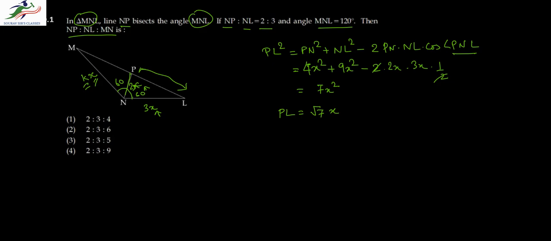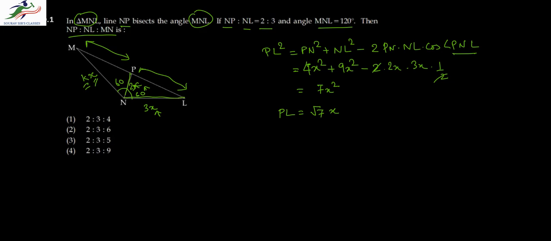Now we move on to find the value of MP. Now we know that the angle bisector always divides the opposite side in the ratio of the other two sides.